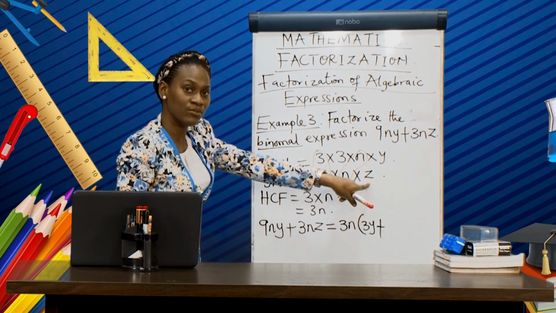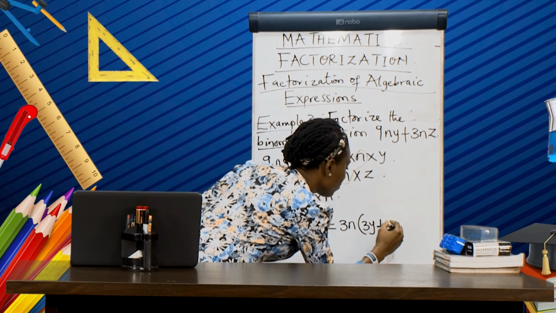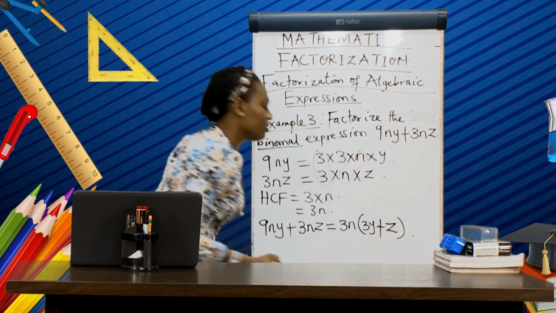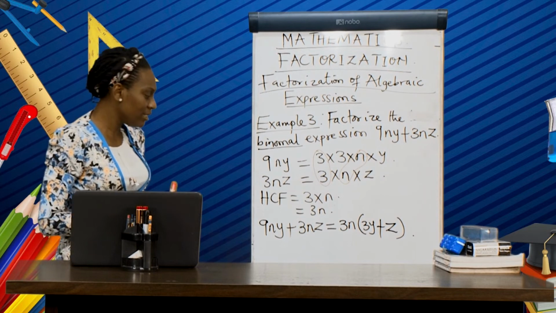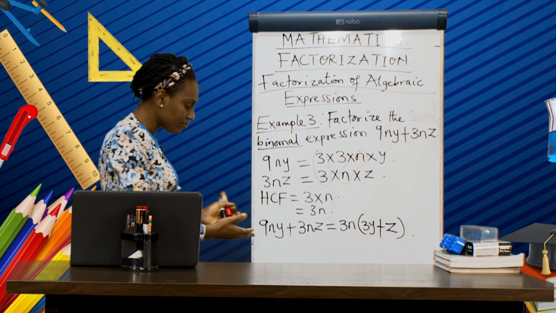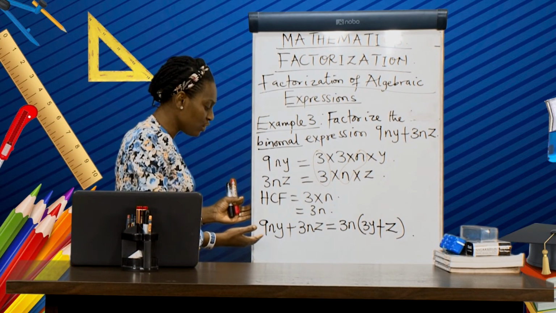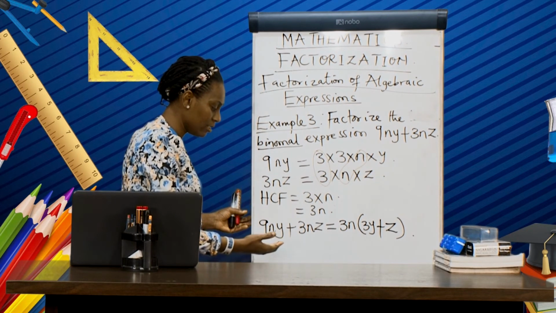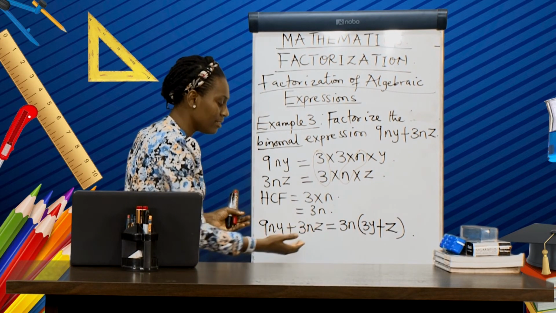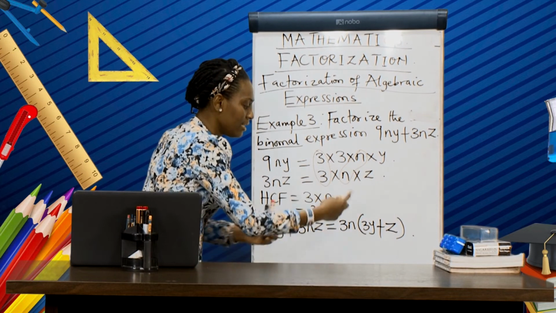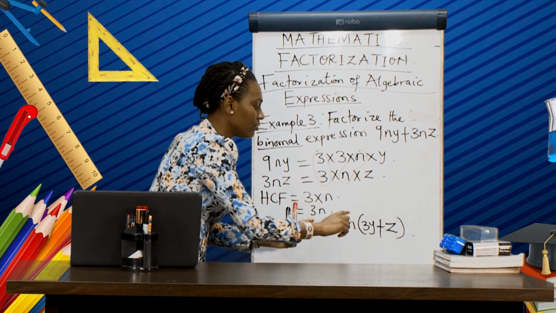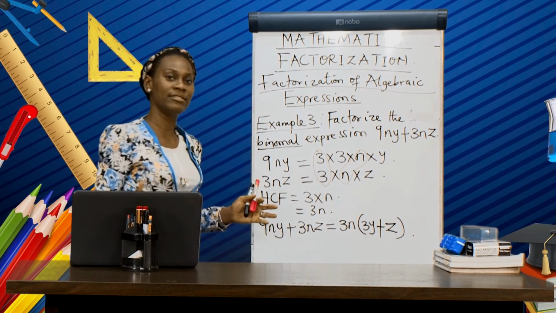Then what we are left with here is z. So we put that down and close our brackets. So this is simply telling us that another way by which you can write 9ny plus 3nz is 3n into bracket 3y plus z.